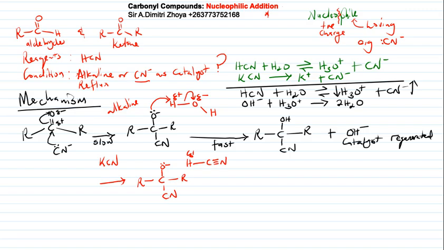So we get a proton from undissociated hydrogen cyanide, giving the product plus cyanide ion.